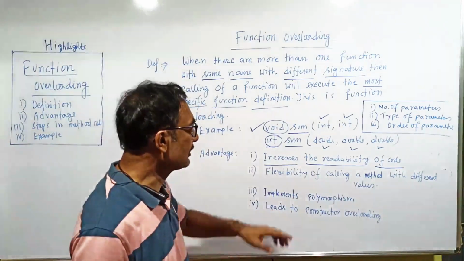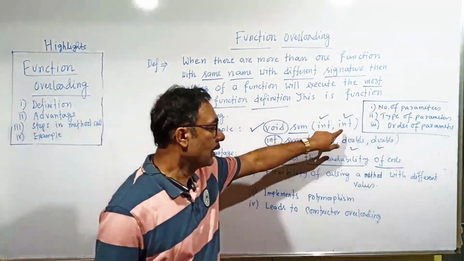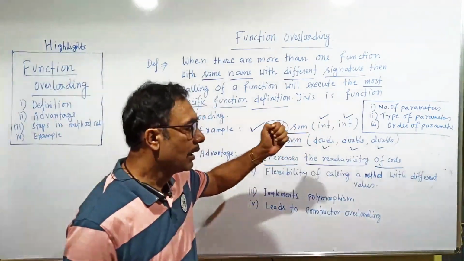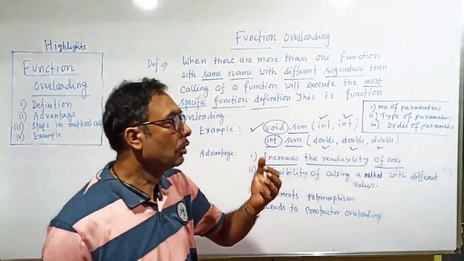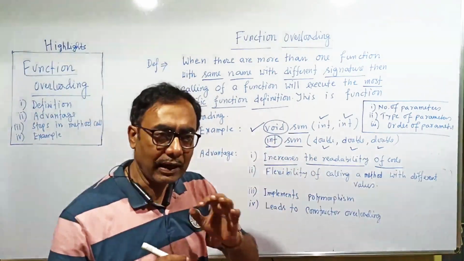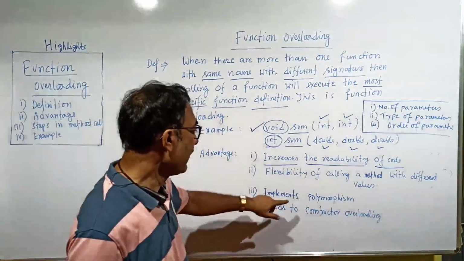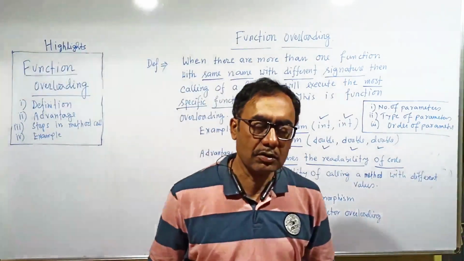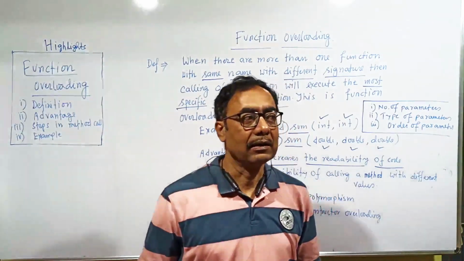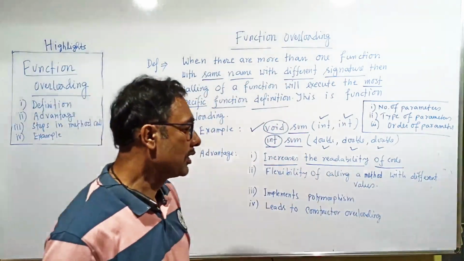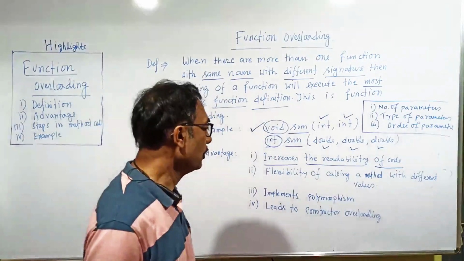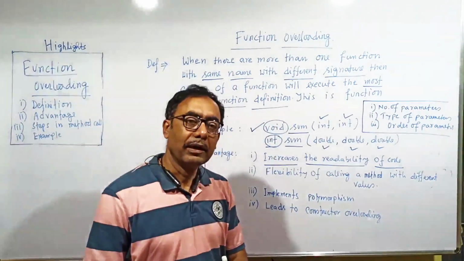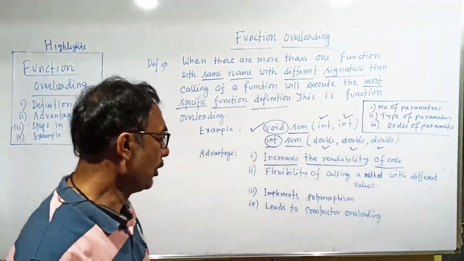You have the same method, but the parameter lists are different. Hence, you have the option to call the method with different types and sets of values. Third, it implements polymorphism. You know that polymorphism is a feature of OOP, and Java is a fully object-oriented programming language. So through function overloading or method overloading, you get the implementation of polymorphism.